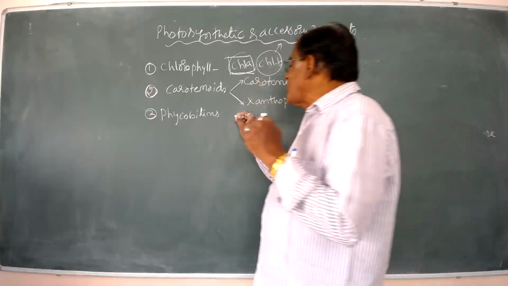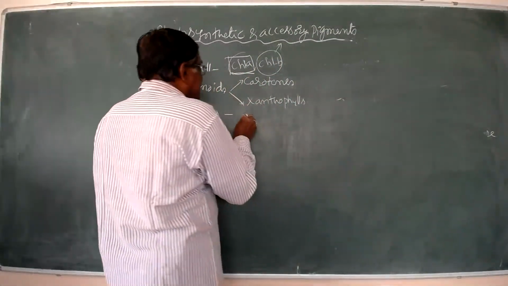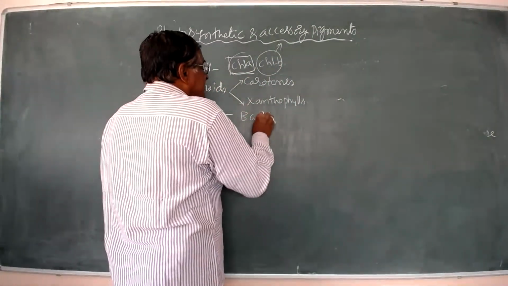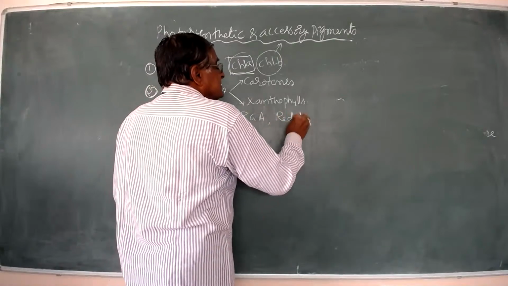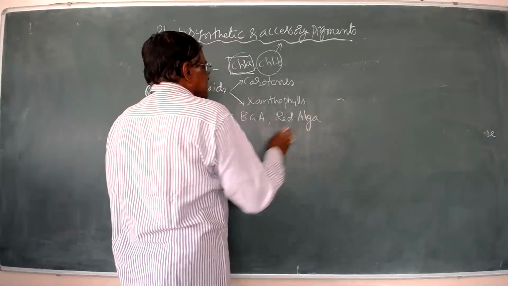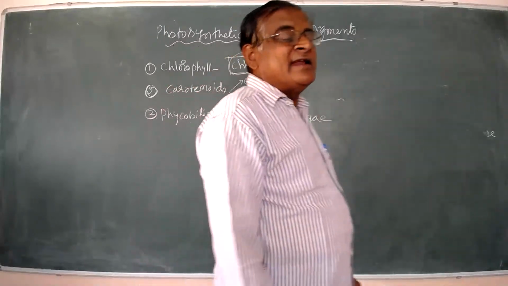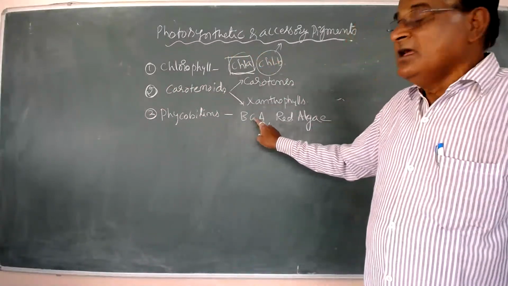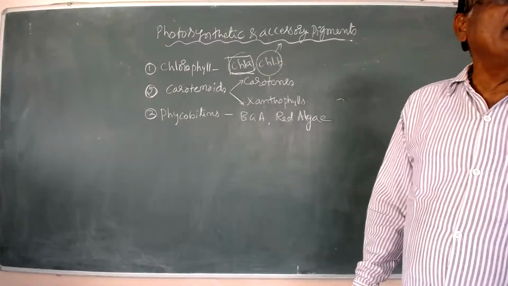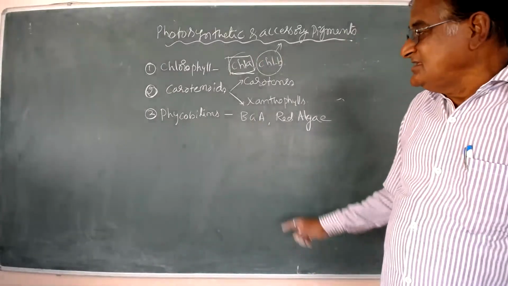And especially the phycobilins are present in the blue-green algae and red algae. They are restricted to the algae, blue-green algae, that is cyanophyceae.